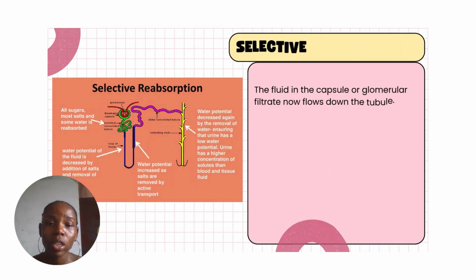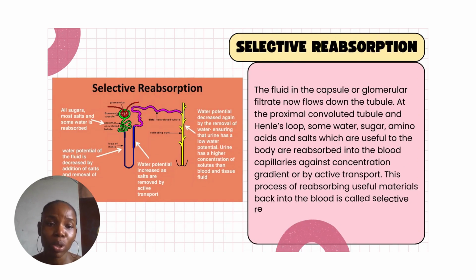Now, the second stage, which is the selective reabsorption. During the selective reabsorption, the fluid in the capsule, the glomerular filtrate, now flows down the tubule. Don't forget, the fluids are collected in the Bowman's capsule.